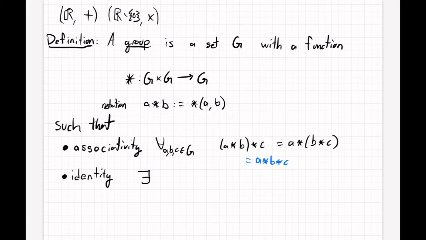But here I'm just going to call it E. So there exists, that's what this backwards E thing means, there exists an E in G such that, ST is my abbreviation for such that, for all A in G, so for anything in our group G, I have A star E equals E star A equals A, meaning when I multiply by the E, which I'm going to call the identity element, I always get A. When I multiply by E, it never changes anything.